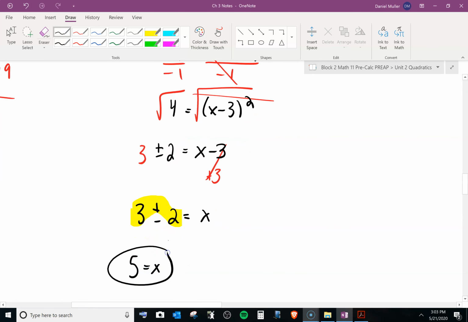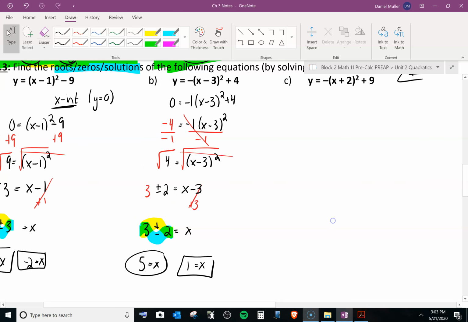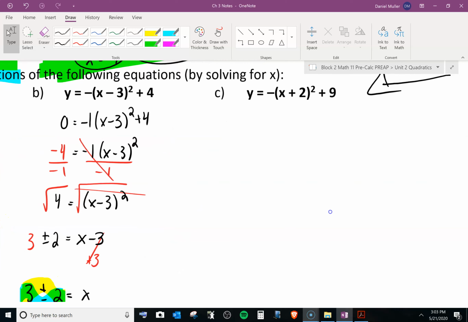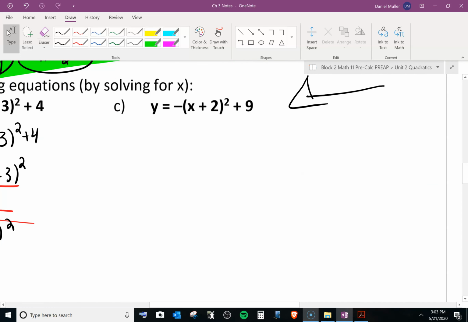So x could equal 5. And I've got 3 minus 2. 3 minus 2 is 1. And those are my 2 answers. These are really nice answers, by the way. These are nice whole numbers. We are going to get to some that are not nice. Not like they're mean or anything, but simply that they're not going to be perfect numbers.